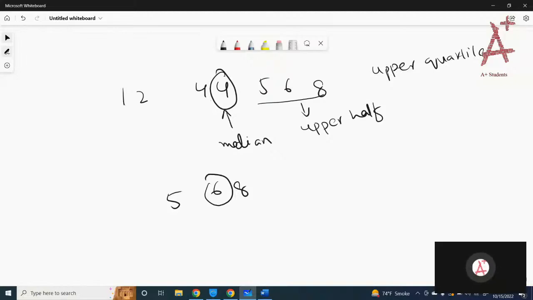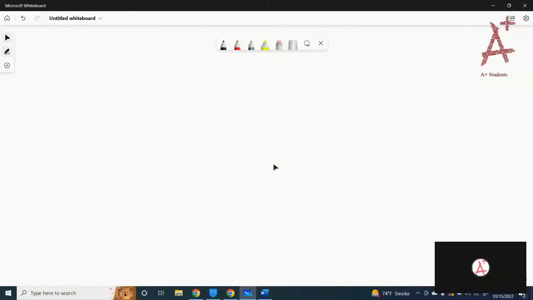Okay, let's start with the test. In the data below, what is the lower quartile? The data is 2, 2, 3, 4, 4, 6, 6, 6, 7, 9. Okay, 1, 2, 3, 4, 5, 6, 7, 8, 9, 10.